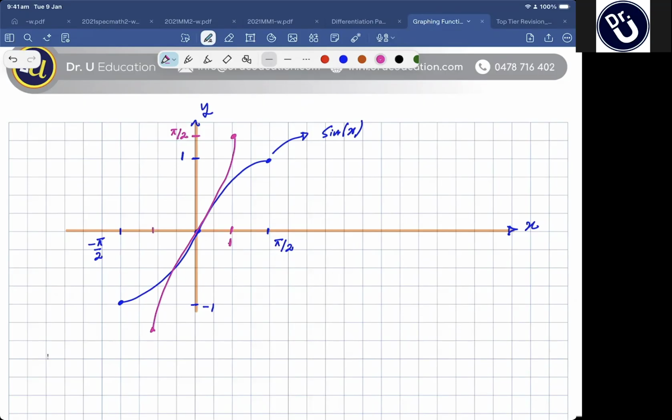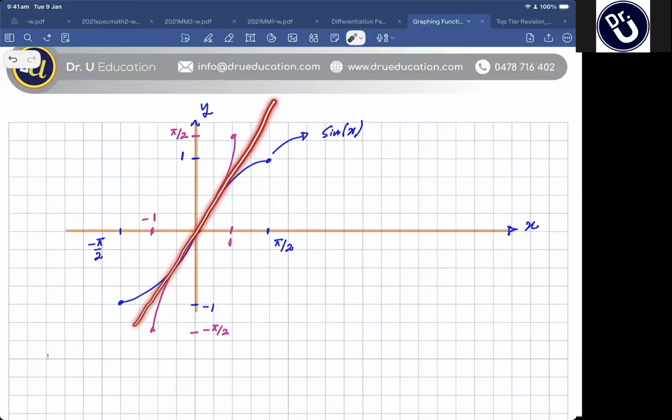So this should be minus 1. This should be minus pi divided by 2. Domain and range swap each other, right? That we know. And also when we have a line like this, inverse functions are symmetric about y equals x, right? So that's why you get this little part here.